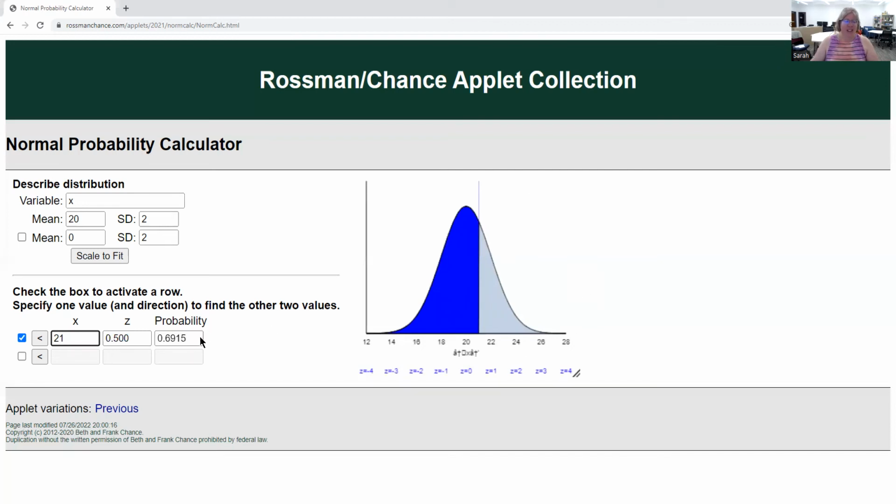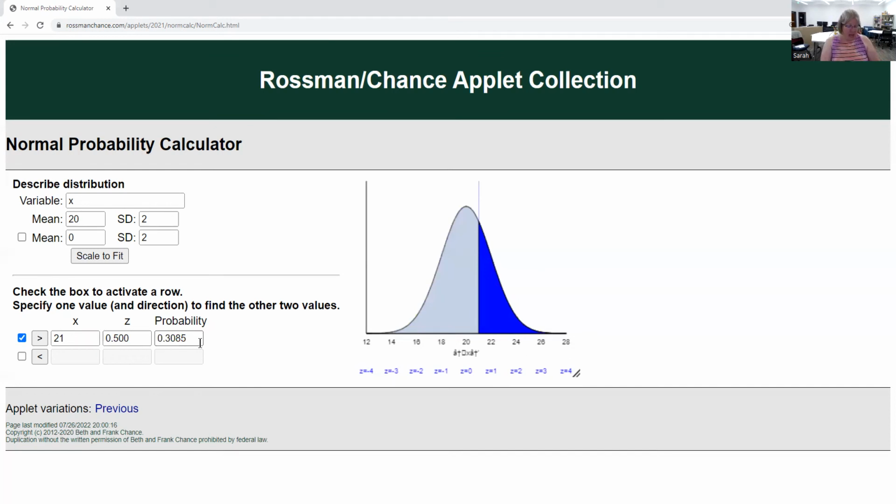So I certainly could take this and subtract it from 1, but this app is really cool because I can click this inequality sign and it should flip over here. Oops. There we go. So it flipped over, and so now it's giving me the probability that it's greater than 21, which is 0.3085. So that would be 30.85%, and you can write it either way. I'm totally fine with either.